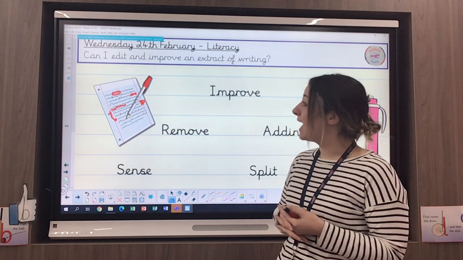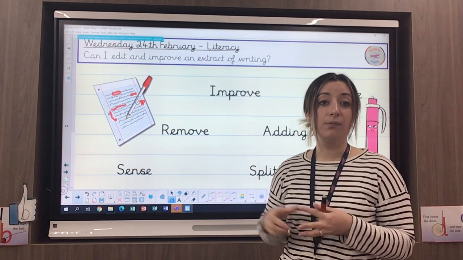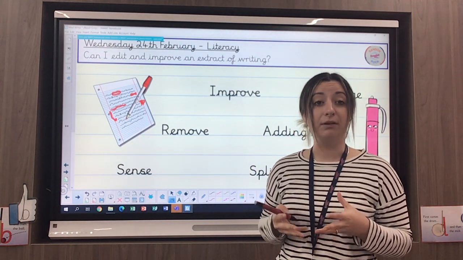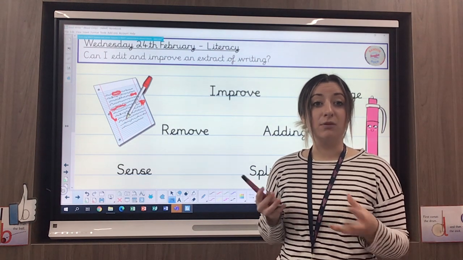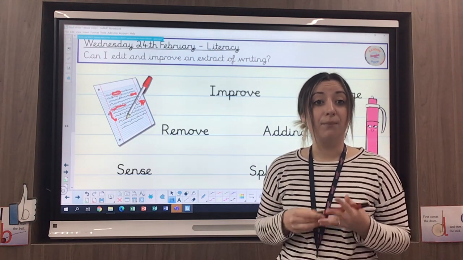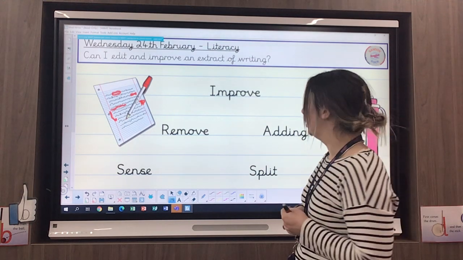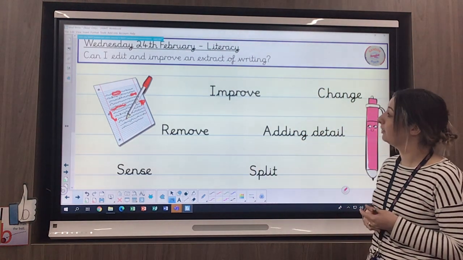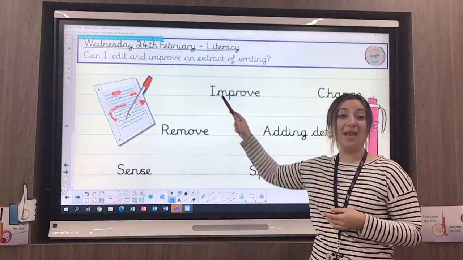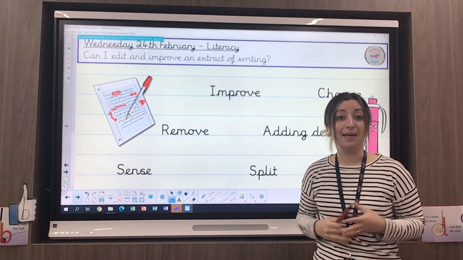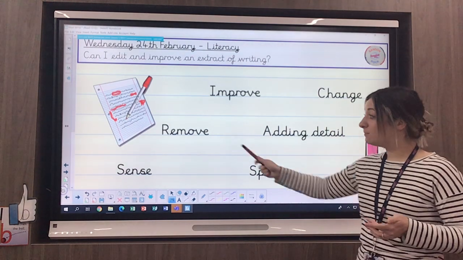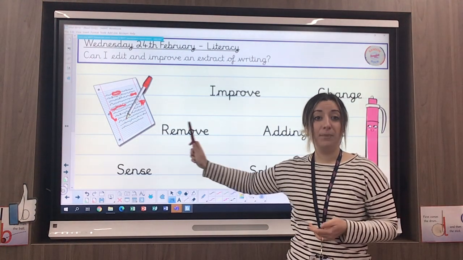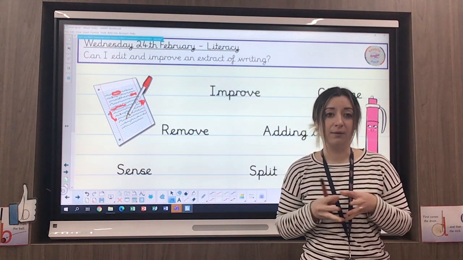So when we come on to editing and improve, let's just recap some of the terminology and the vocabulary we use to make us think about different techniques we can do to improve our writing. So we've got change, so we might want to change something. Improve, so when we edit we mean to improve our writing and make it better. Sometimes we need to remove some of our writing.